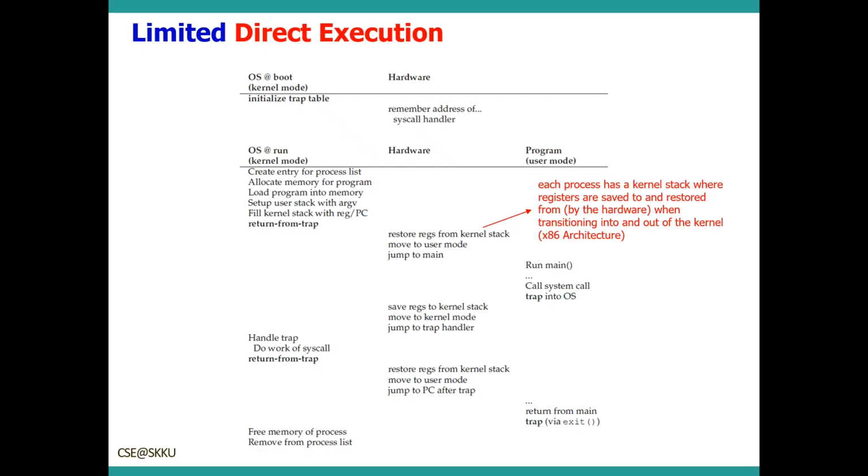Okay, so by using different privilege levels, we can implement limited direct execution. As you can see in this example, let's assume each process has a kernel stack, where the registers are saved to and restored from by the hardware when transitioning into and out of the kernel.